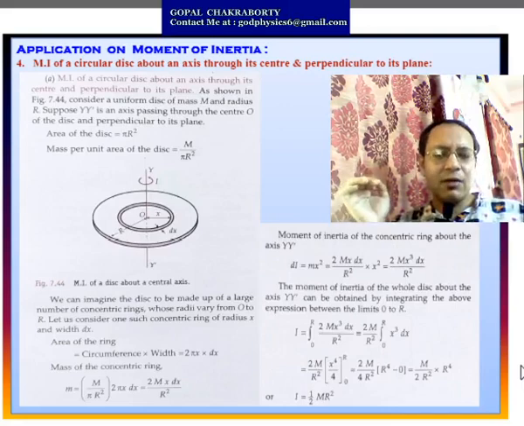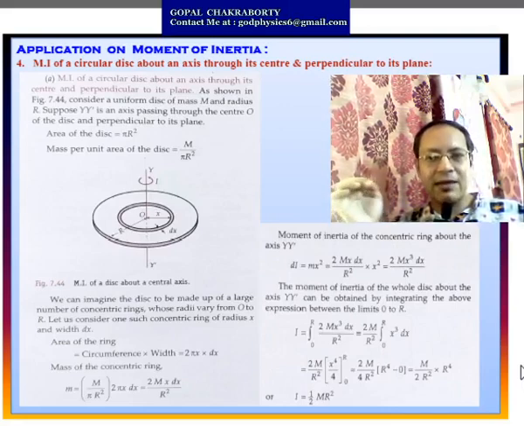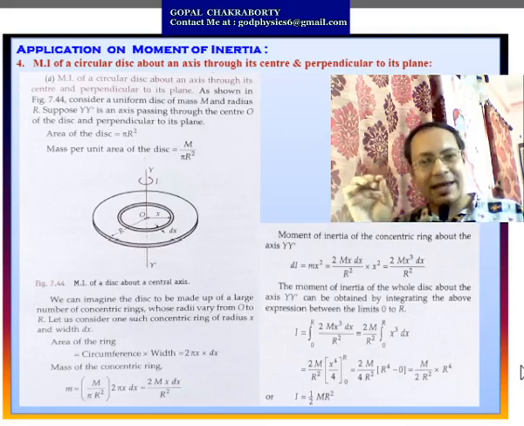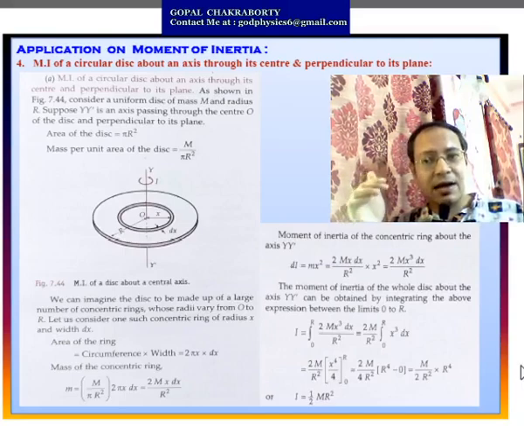After finding the mass per unit area, you can easily find the mass of that ring having small thickness dx, because the area of the ring is circumference into width, that is 2 pi x into dx.